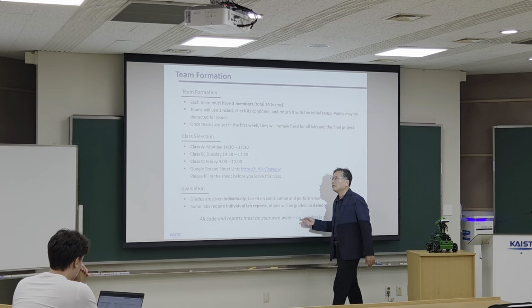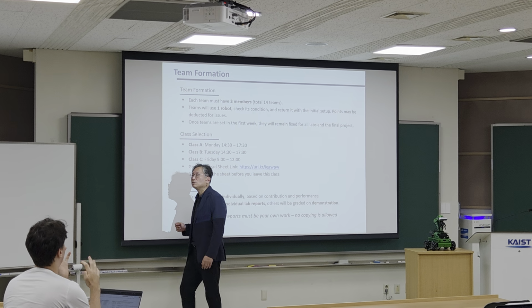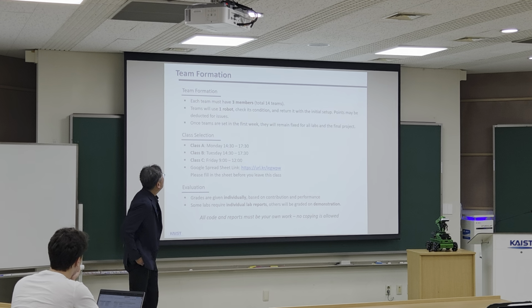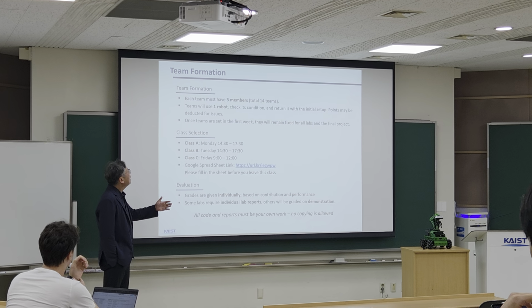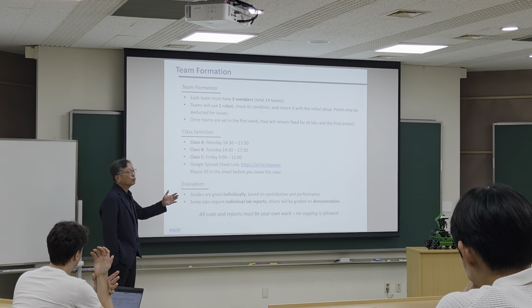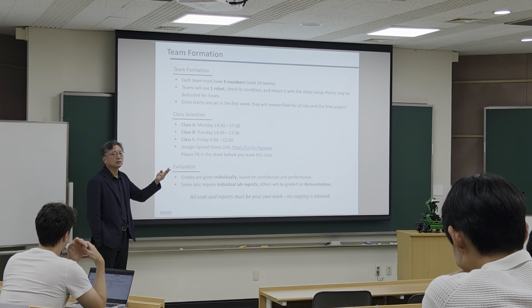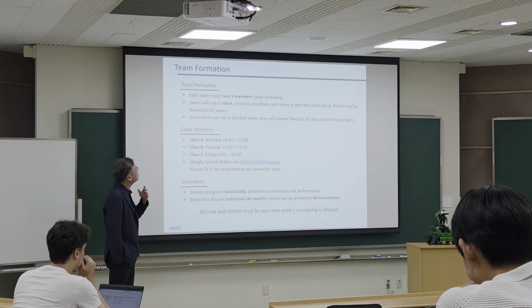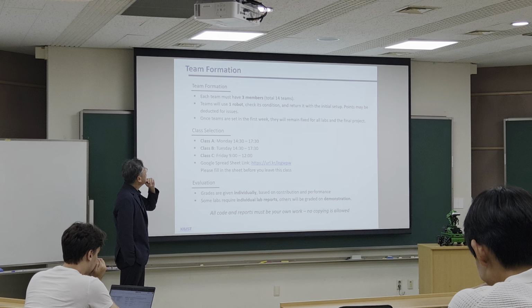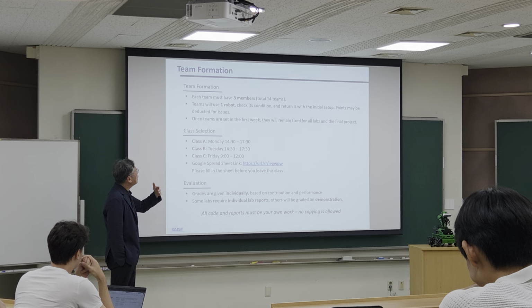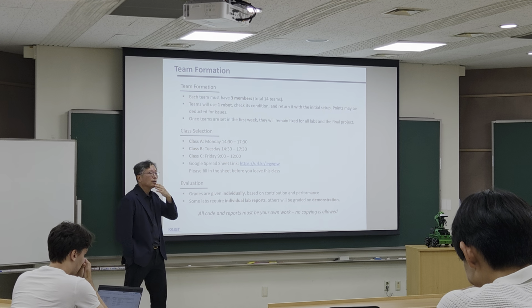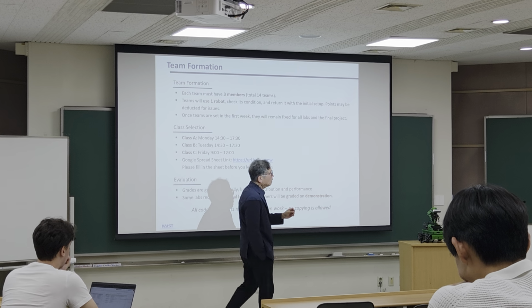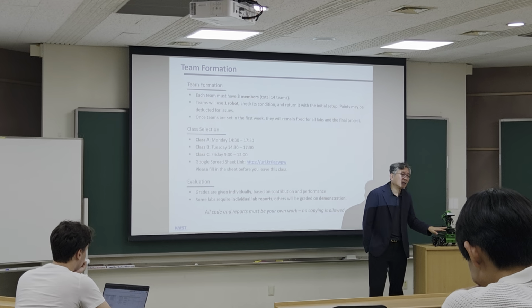This is detail. I think this is what we're going to try to do today. So there will be 12 teams, and each team will consist of 3 members. Okay, also 14 teams, and there will be 1 robot per team. You will be assigned a particular robot.